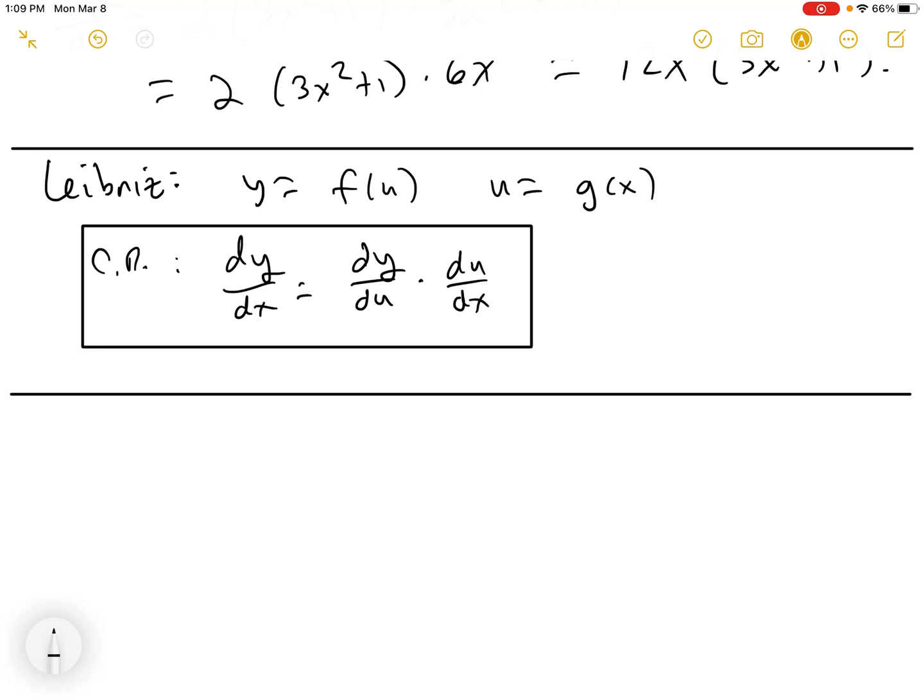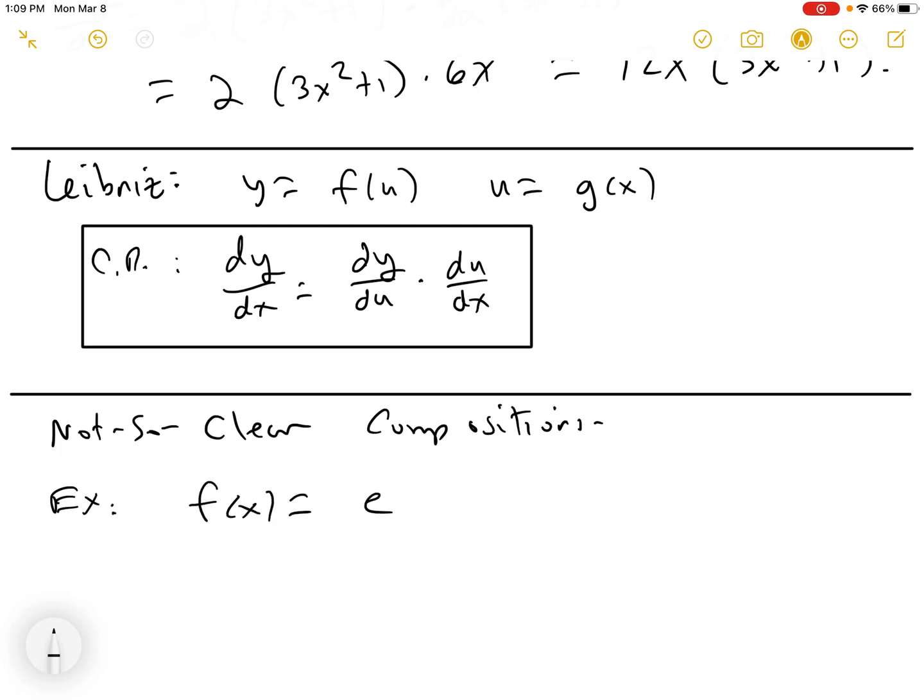All right, so let's look at some not so clear compositions. For example, we're going to let h of x be e to the 2x plus 1.